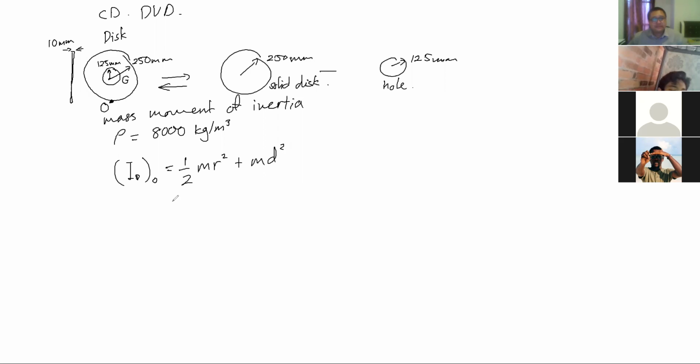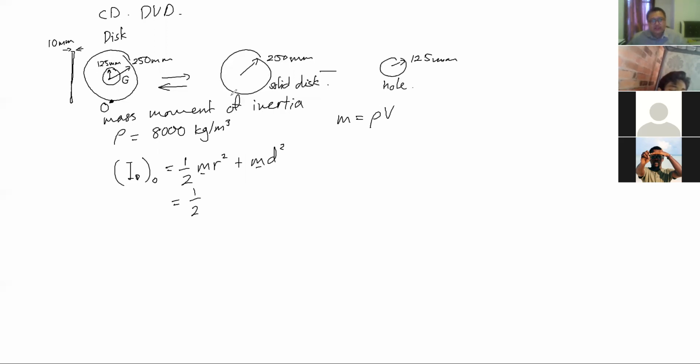Okay, how about the m? Let's say we determine this particular m first. M is equal to rho times the volume of the disk.